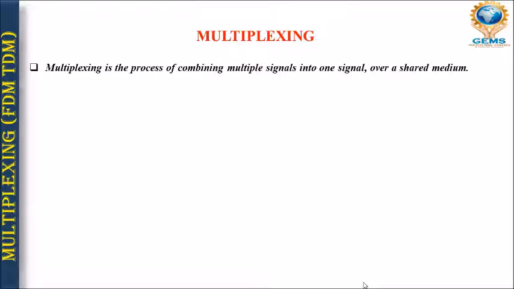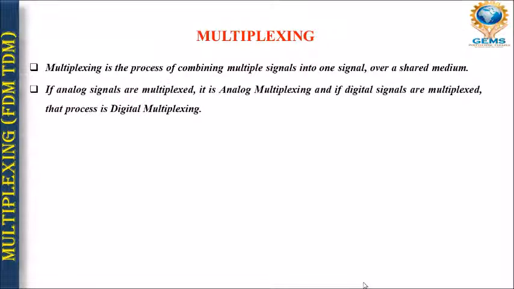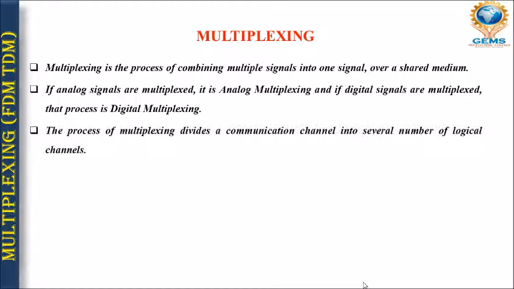So if analog signals are multiplexed, it is analog multiplexing, and if digital signals are multiplexed, then it is known as digital multiplexing. The process of multiplexing divides the communication channel into several logical channels.